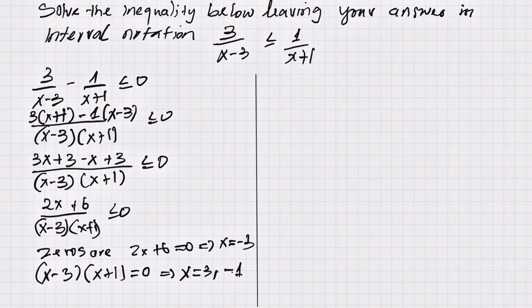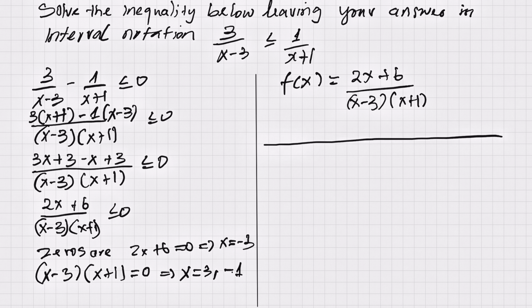So now our f of x is 2x plus 6 over x minus 3, x plus 1. So what we are going to do is test the boundary points.